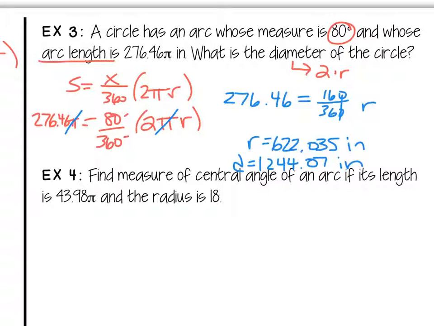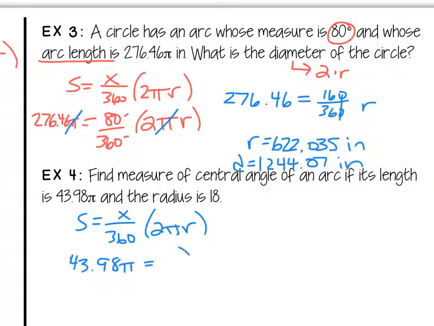Find the measure of a central angle of an arc if its length is 43.98 pi and the radius is 18. All right, so we still start with our same formula. So arc length is 43.98 pi. We're going to be solving for x. 2 pi times 18.